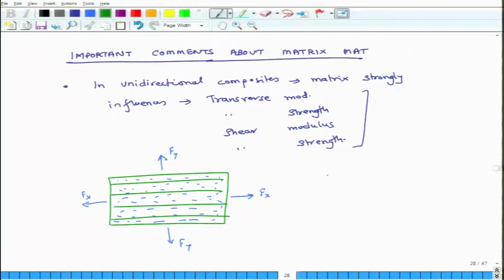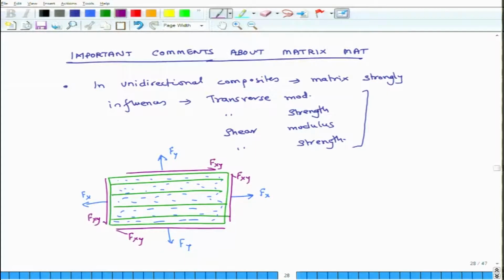Similarly, if we have the same composite, and we want it to be strong in the shear sense, in the shear direction, so this one I will say Fxy, the shear modulus and the shear strength of the system will also be predominantly influenced by matrix.